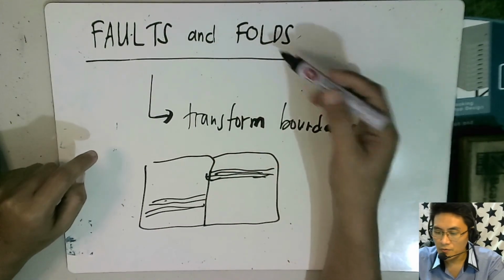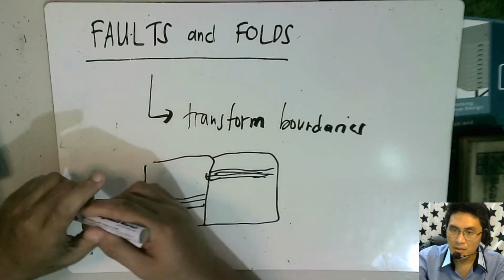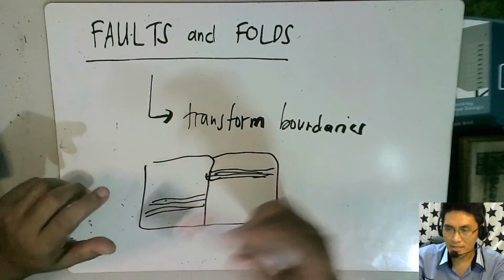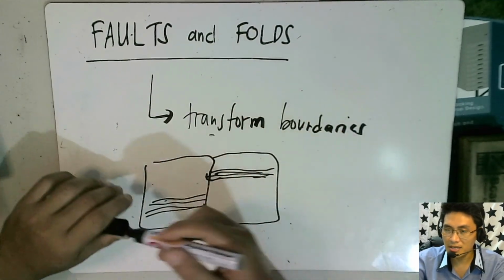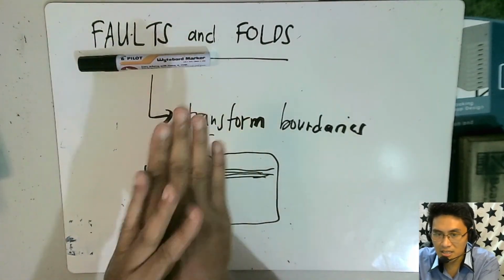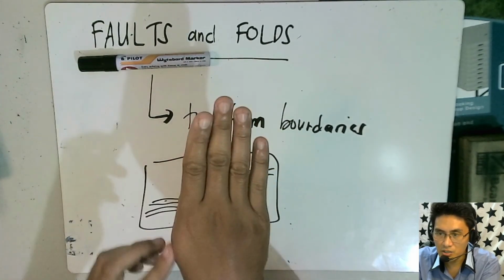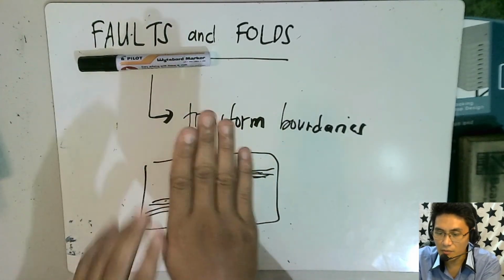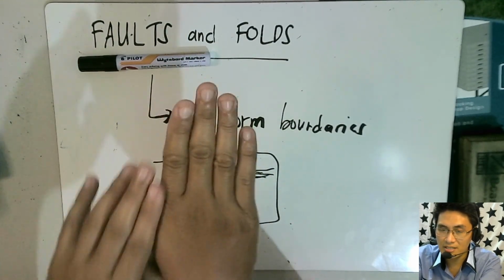And again, folds can also happen in other types of boundaries, as you can imagine, but more prominently they are in transform boundaries because, as the two plates slide past each other, you will see the edge of the boundary being dragged, and therefore you form deformations, like a wrinkling effect on the sides.